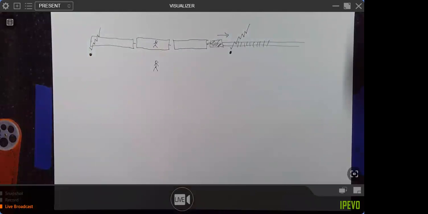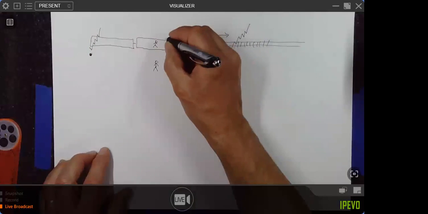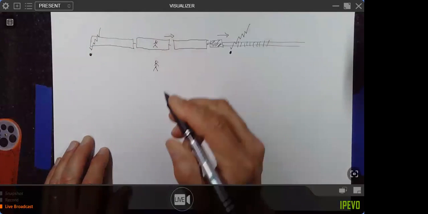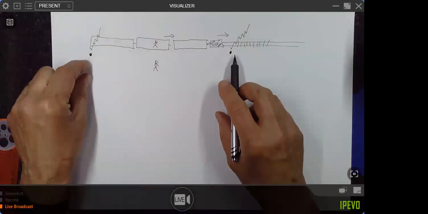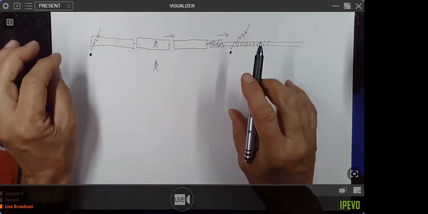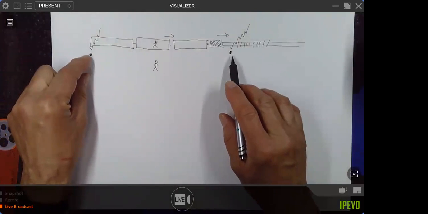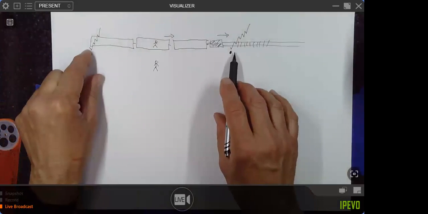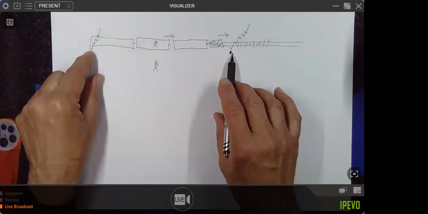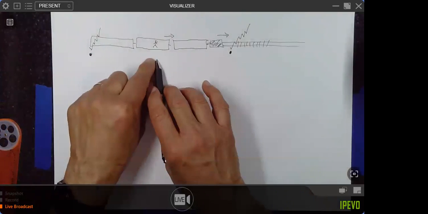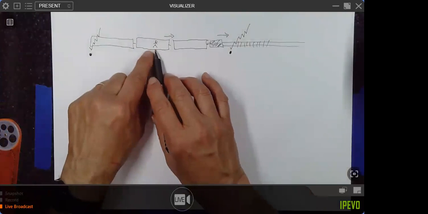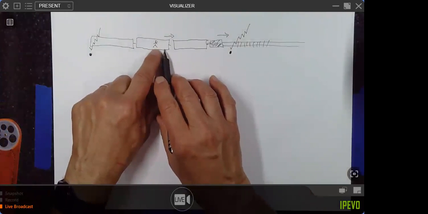And the answer is no, because the train is moving in this direction. Now, this is a crazy, extreme example, but it takes time for the lightning that struck these things to travel to here. And while that's happening, the train will have moved forward.